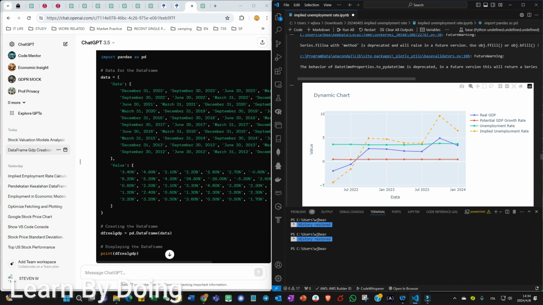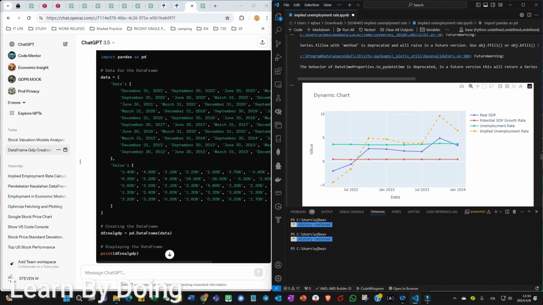But at this moment, I did not rigorously check it. So I only got what GPT calculated for this data and put here. Okay, using the code to get the dynamic chart, and the system also gave me this implied unemployment rate.